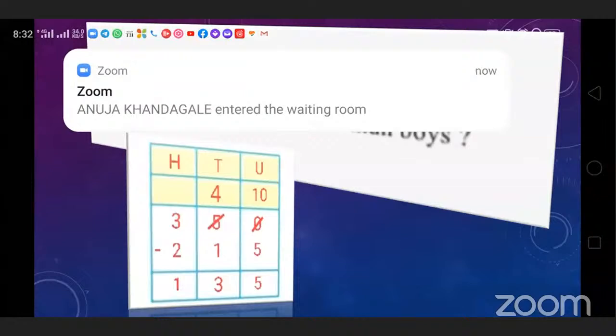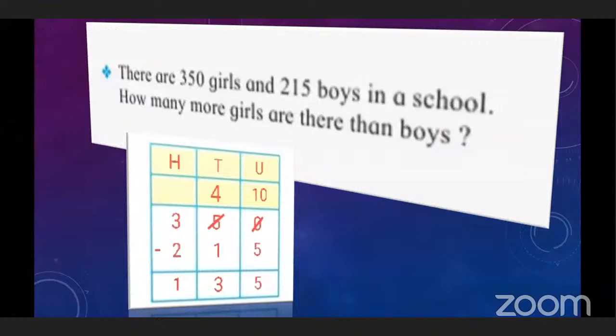So I solved this sum also for you. While solving this, keep in mind that the total number of girls is 350, the larger number, which we put first, and after that the 215 boys have to be subtracted from the girls, then only we will get the real answer of how many more girls are there than boys.